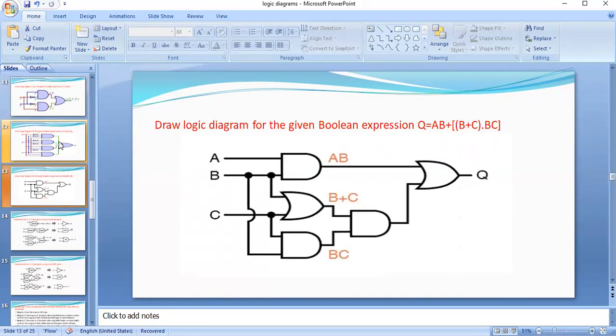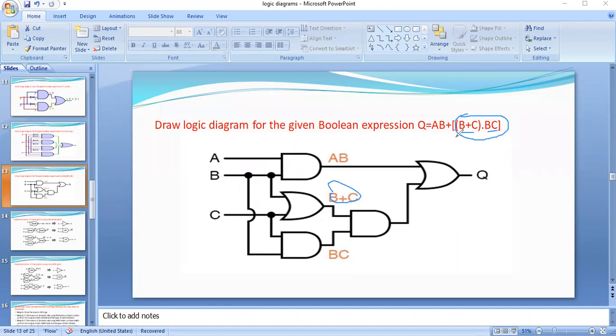So see here, I'm taking B plus C first. Here B, and another input is C, so B plus C. What is the output here? B plus C. After that I'm taking BC. For this BC we need an AND gate. After that you have to give these two terms to the dot operation. Dot operation means AND gate, which means these two terms are treated as one term.